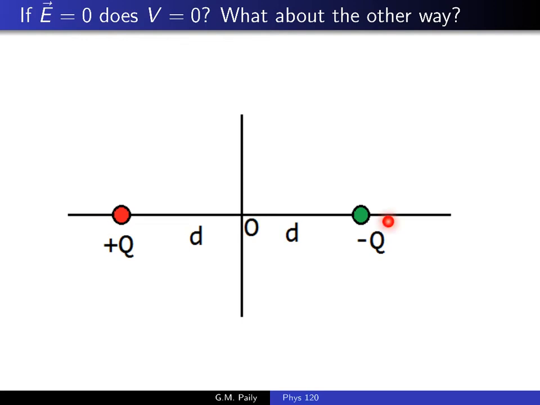This point is equidistant from the two opposite charges, and so the positive potential created by plus Q and the negative potential created by minus Q cancel out. But the fields, in fact, point in the same direction, and so they add up and become a stronger field in the middle.